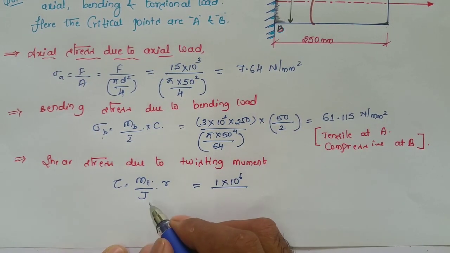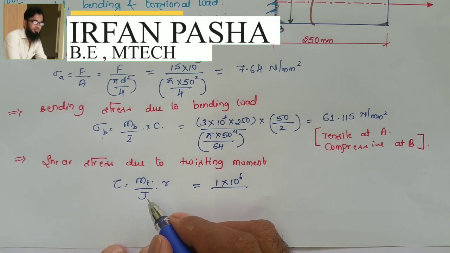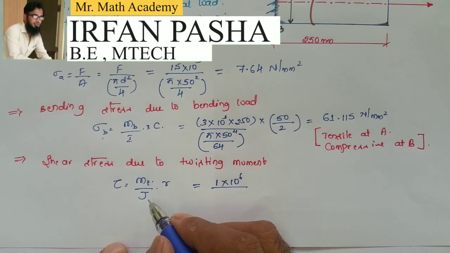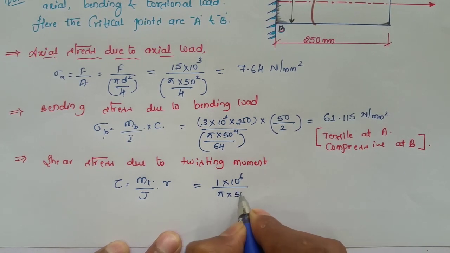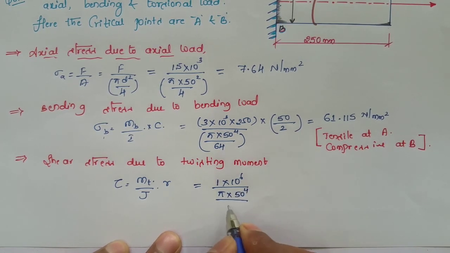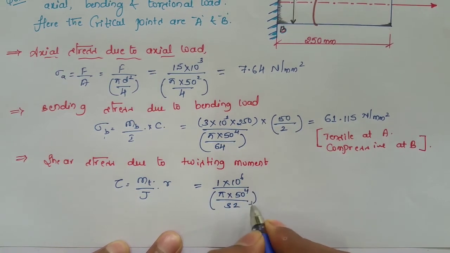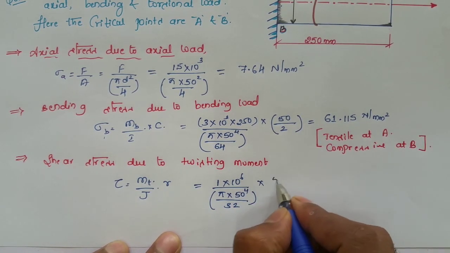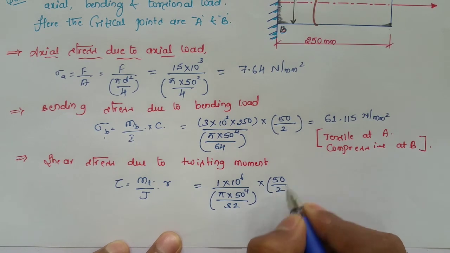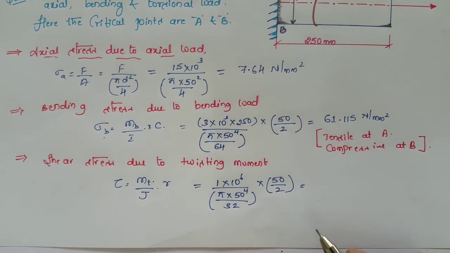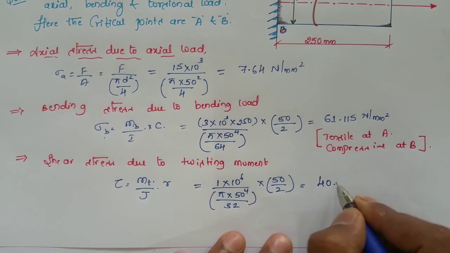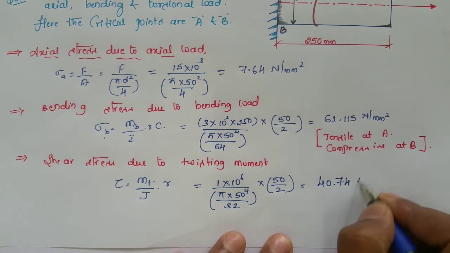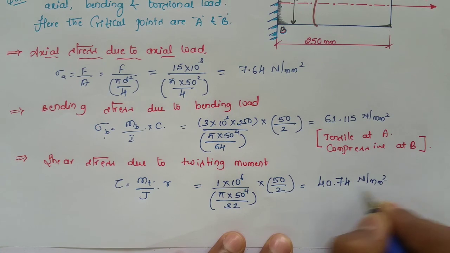J is the polar moment of inertia, given by pi into d to the power 4 by 32, so pi into 50 to the power 4 by 32, and r is the radius, 50 by 2. Simplifying, we get a shear stress of 40.74 Newton per mm square.